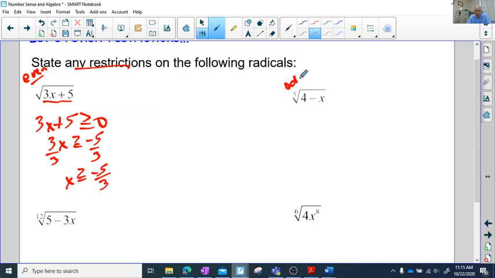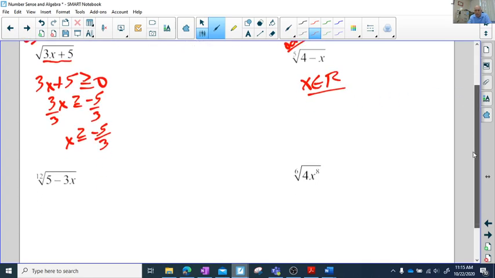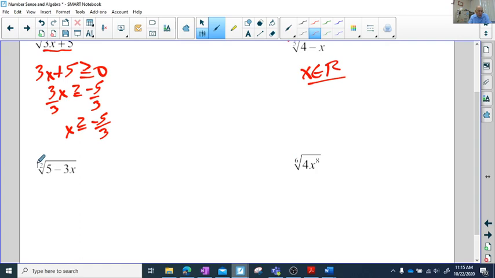Odd index, no restrictions. We could care less. x could be any number I want it to be. Even index. So with an even index, the radicand must be bigger than or equal to 0. Bring your 5 to the other side.